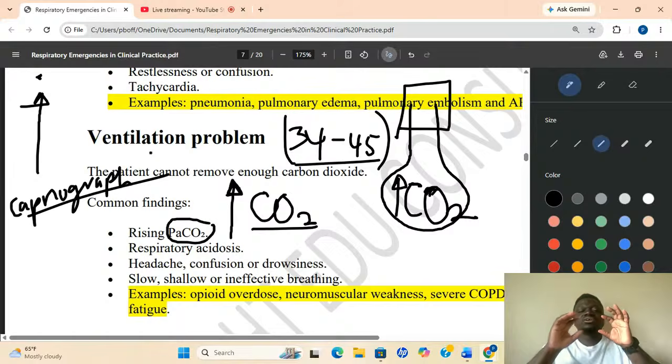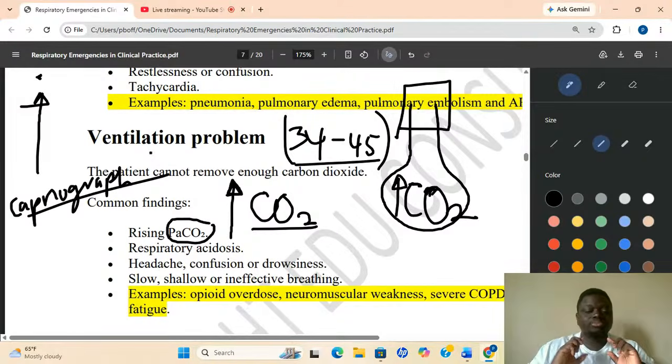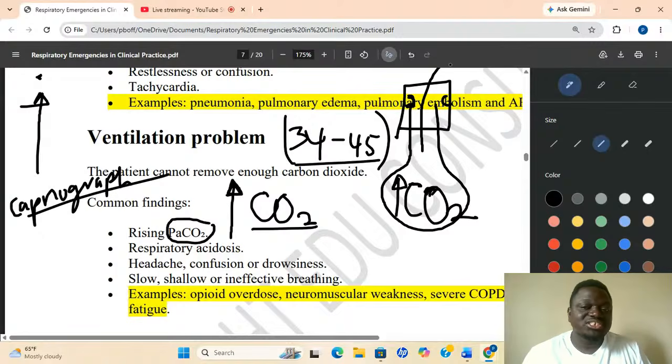I can give you something to breathe out, let's say a face mask, LMA, or ET tube. You are breathing out through that tube, bringing out CO2. When the CO2 passes through, this capnograph has sensors, some light in it. When the CO2 passes through it, it will calculate the percentage or the amount of CO2 passing through. This is a reflection of what is sitting in the lungs.